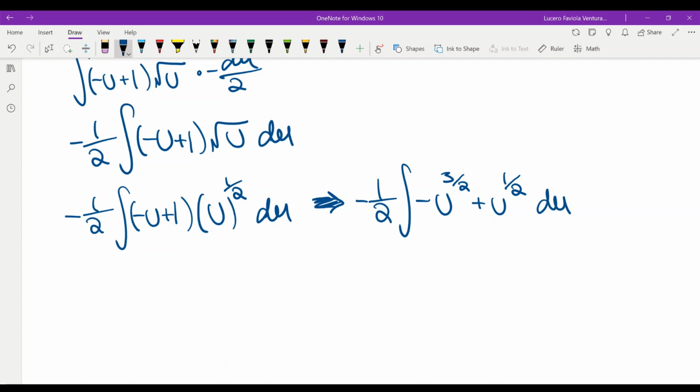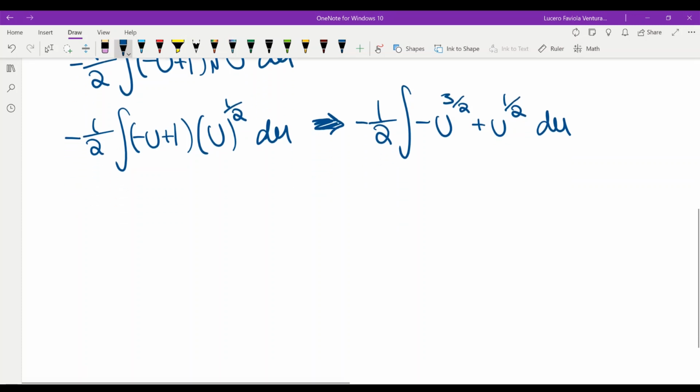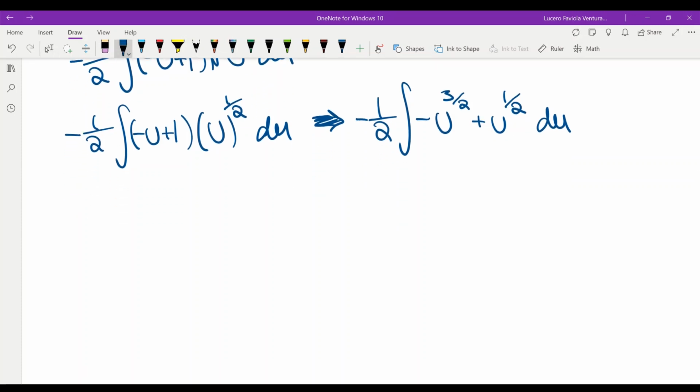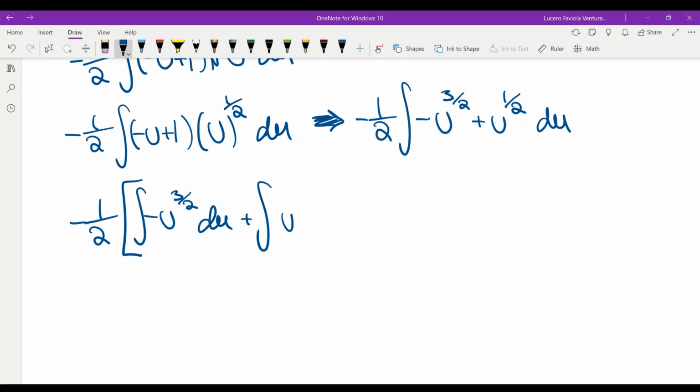Now I'm going to rewrite our equation and expand it so it's easier to look at. So we have negative 1/2 times the integral of negative u to the 3 over 2 power du plus the integral of u to the 1/2 power du.